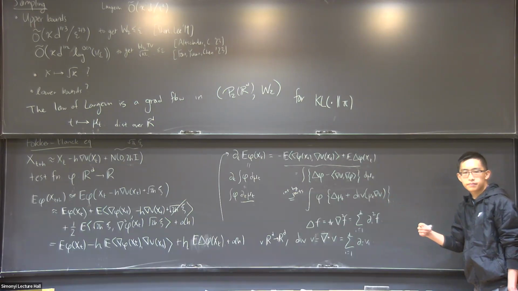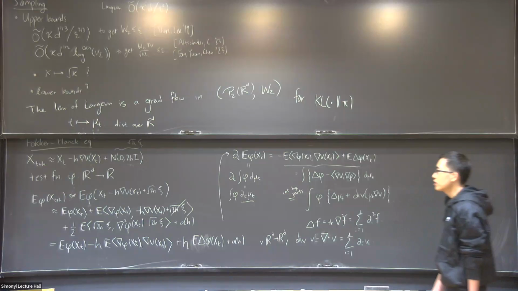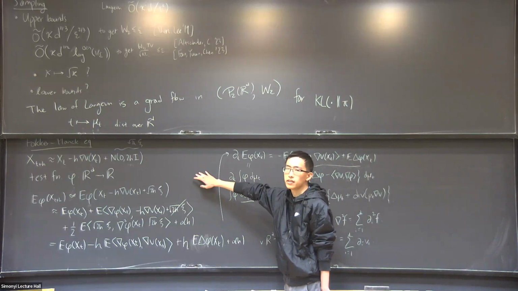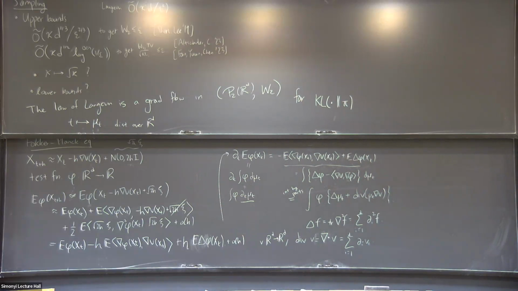We don't know anything special at this point. So far it hasn't come in. You can use the strong convexity of V to do coupling arguments at the level of the SDE, but the strong convexity will only come in at the very end.